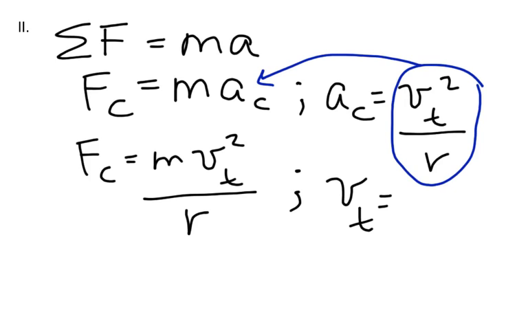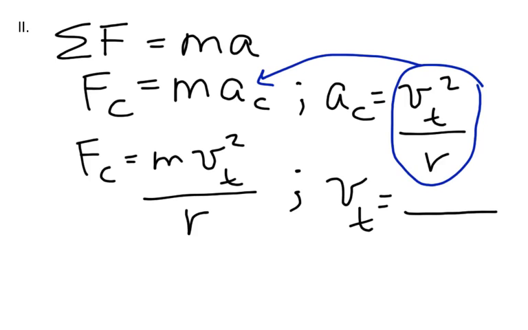There is also a formula for your tangential speed. Now, speed of anything is just equal to your total distance traveled divided by your total time to travel that distance. Well, if you are moving in a circle, what is the total distance traveled when you move in one whole revolution? The distance for one whole revolution is equal to the circumference of that circle.